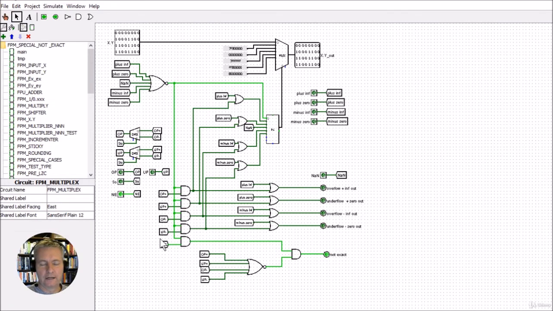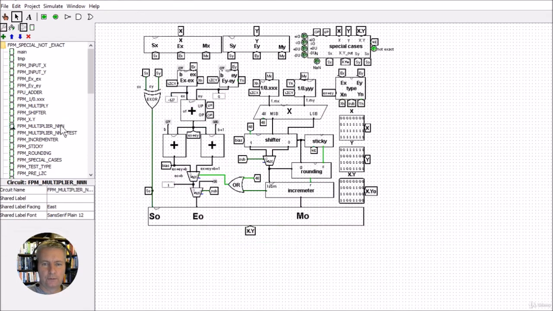We don't want the non-exact to appear in that instance either. So again, we can just NOR these together, and then we can AND them at this point here, and that will ensure we don't get a non-exact coming through whenever any of these go high. So we want the non-exact to come through, but not whenever these go high. I'll show you where this non-exact output goes, just so you can follow the route.